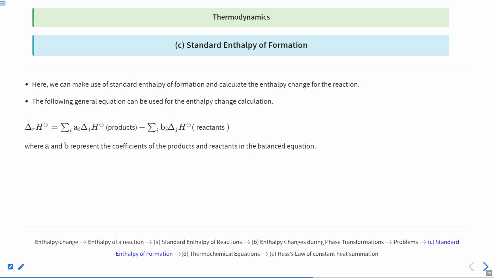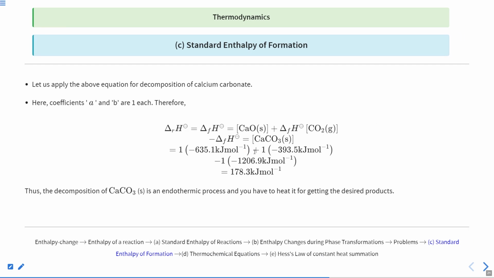Okay, is this clear? Now this A and B is what? Again, the coefficients of the products and the reactants in the balanced equation. Now let us calculate it for a substance. We have taken CaO and CO2 as the products, and the reactant was CaCO3.